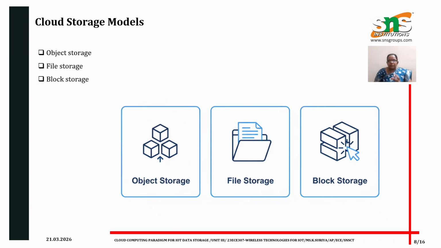The second is the file storage, where data is stored in a hierarchical structure similar to the files and folders. So the third is the block storage, where the data is divided into blocks and stored separately, providing high performance for certain applications. So among these, object storage is most commonly used in IoT due to its flexibility and scalability.